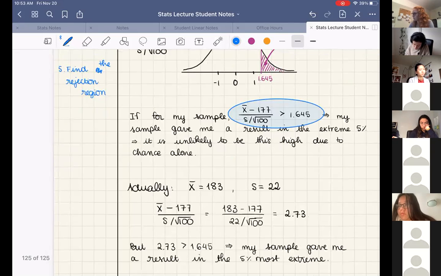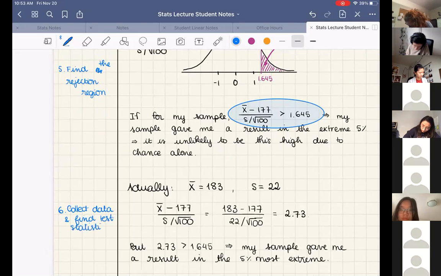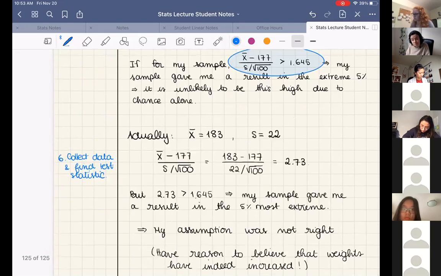The next thing that you're going to do is find your test statistic for your sample. So that means collect data and find the test statistic. And then from 5 and 6, you can conclude.